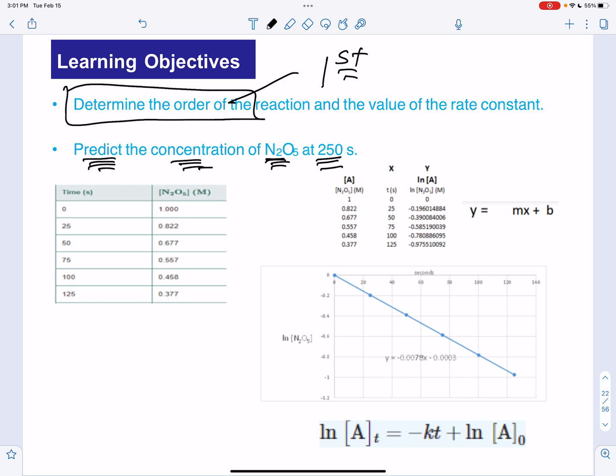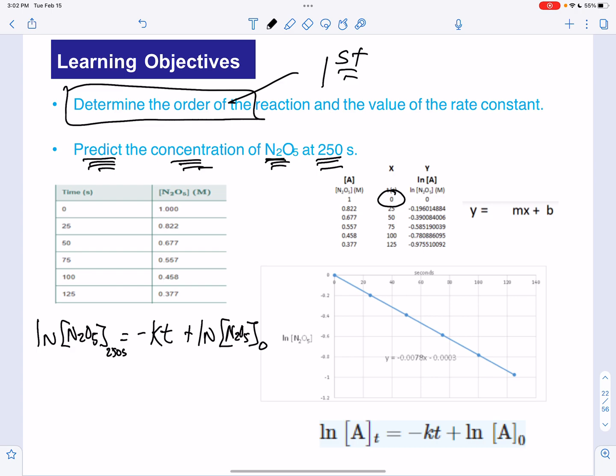Well, we know this is first order, so the integrated law is going to be the natural logarithm of the concentration of N2O5 at 250 seconds equals minus kt plus the natural logarithm of the initial concentration of dinitrogen pentoxide. So where do we find the initial concentration?